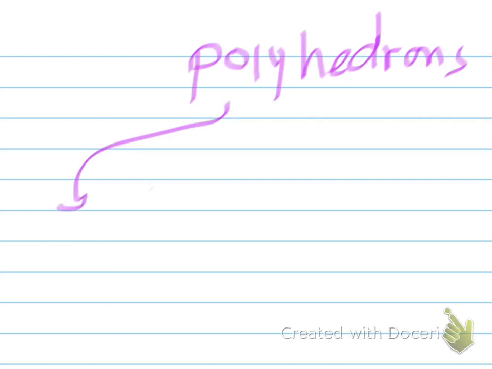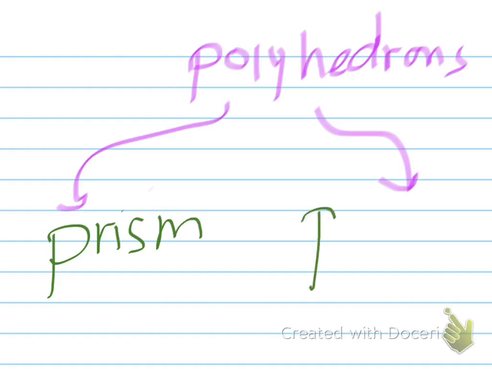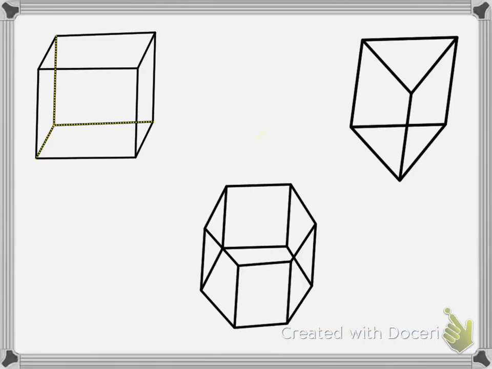We have prism and there is pyramid. Today inshallah we are going to learn about prisms. The prism is a polyhedron.